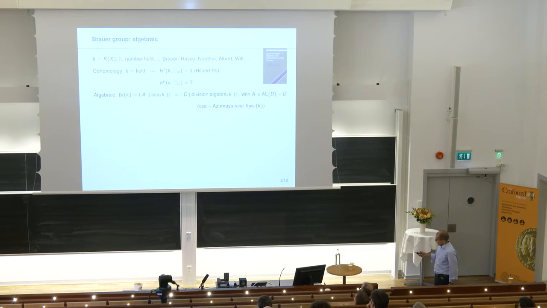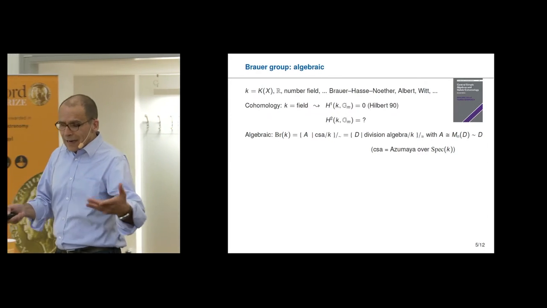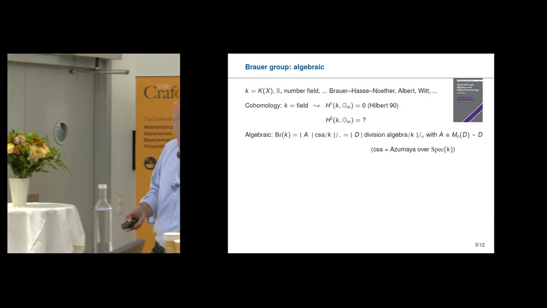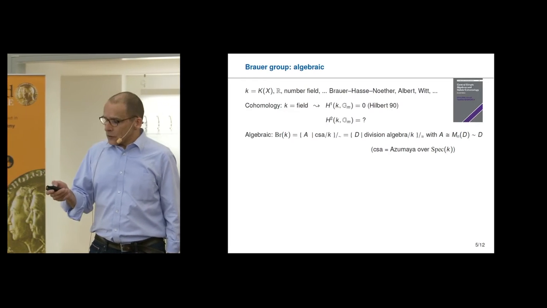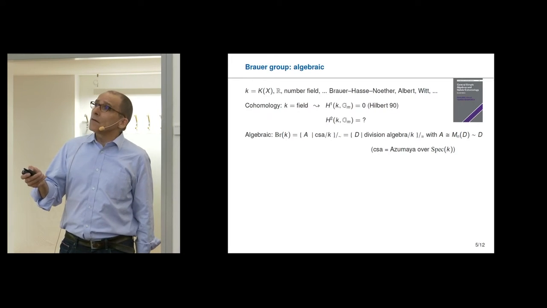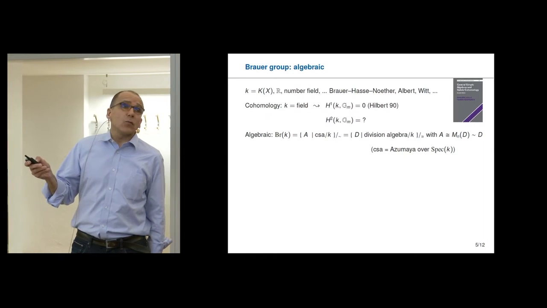So the Brauer group of a field K is defined as the set of central simple algebras over the field K. A central simple algebra is essentially just an Azumaya algebra over Spec K. That means after base change to a bigger field, this central simple algebra becomes a matrix algebra. And then there's a certain equivalence relation, that's Morita equivalence. Or you could think of this as the set of division algebras over the field K up to isomorphism.